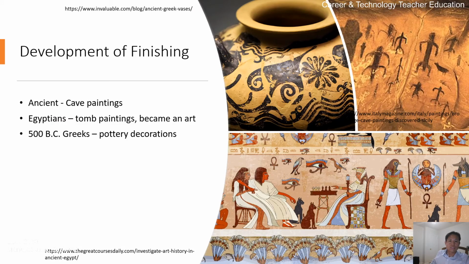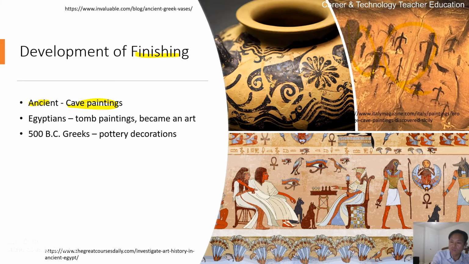This chart shows the development of finishing in history. I would say the first finishing appeared in ancient times, cave painting like this. The ancient people started drawing some pigment or some images on their wall.